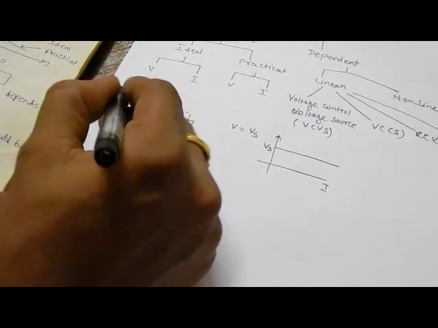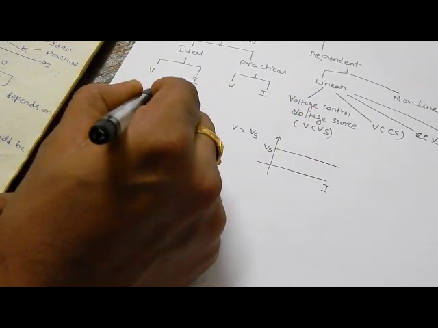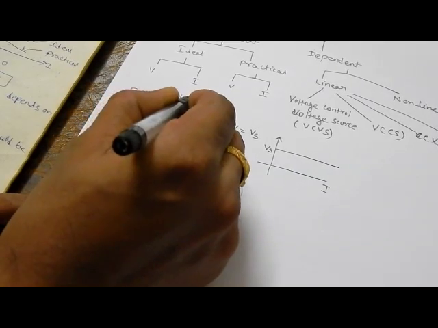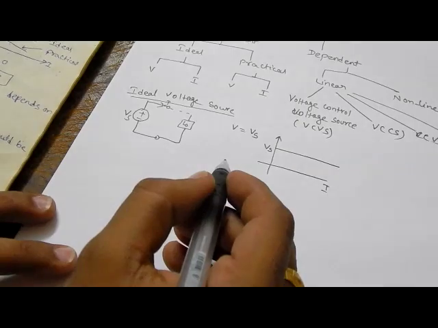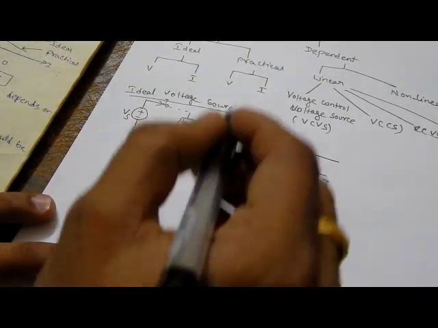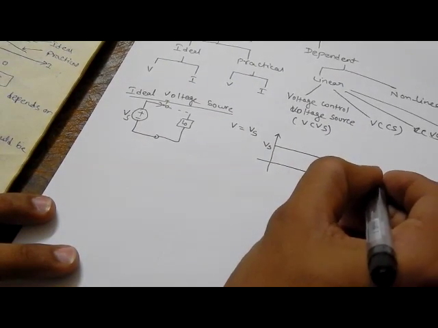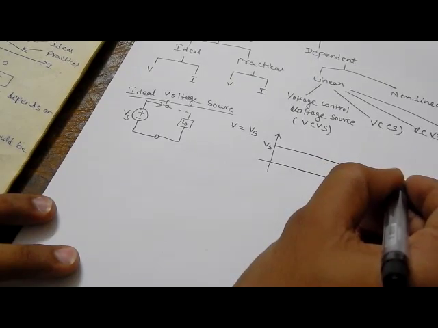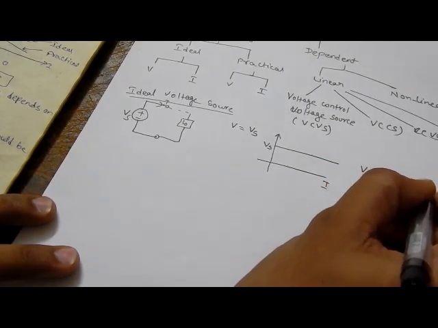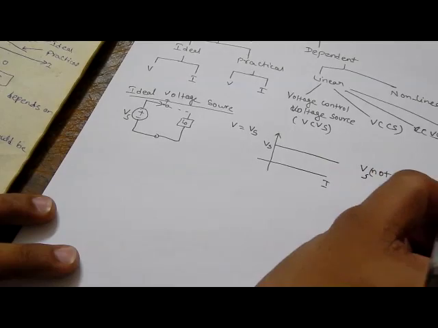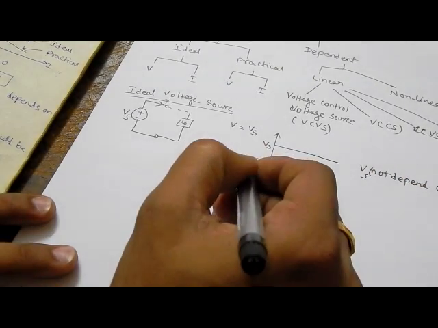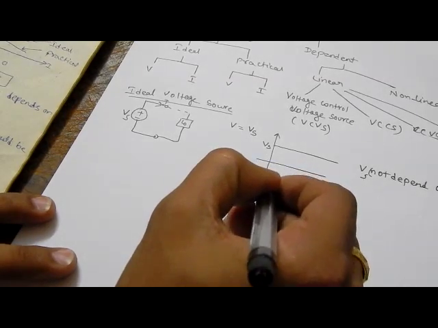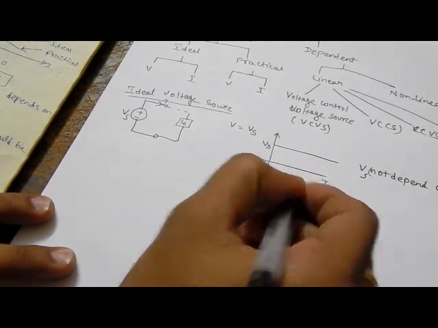That's why we call it an ideal voltage source. V does not depend on current, right? So this is also non-linear in nature.